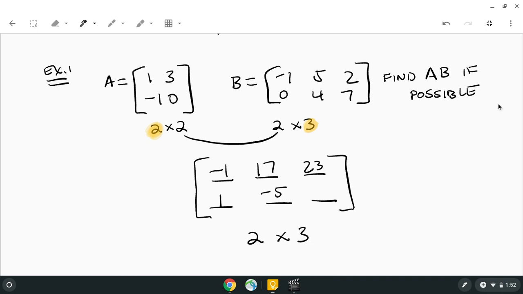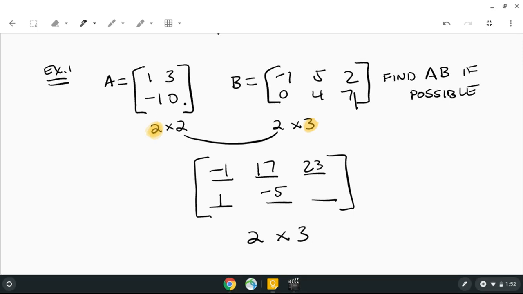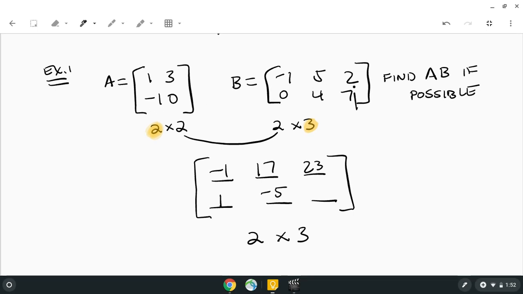Okay. Now I'm down to the last one. Again, this is my second row, third column. So I'm going to use my second row and my third column. Okay. Second row, third column. 2 elements here, 2 elements here. -1 times 2 is -2. 0 times 7 is 0. -2 and 0 is -2.